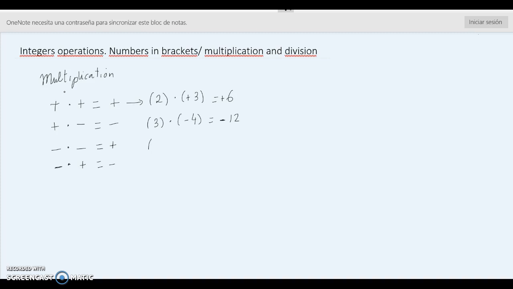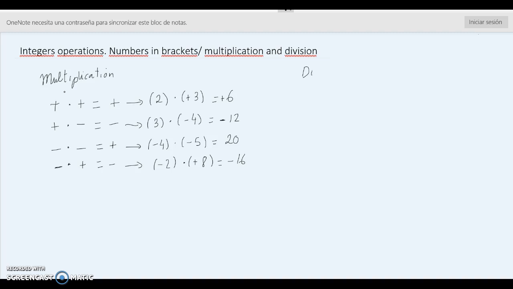For the third rule, I can write, for example, minus 4 times minus 5. This is plus 20, or only 20. And for the last rule, I can write minus 2 times plus 8. This is minus 16.